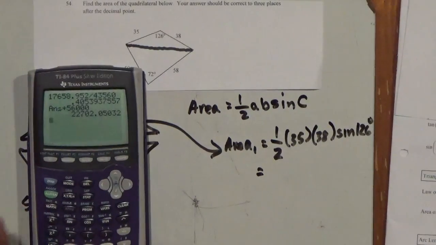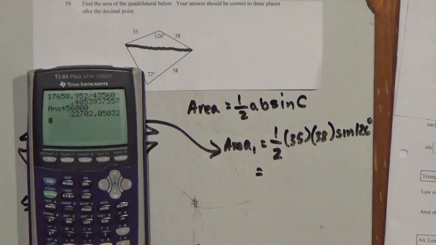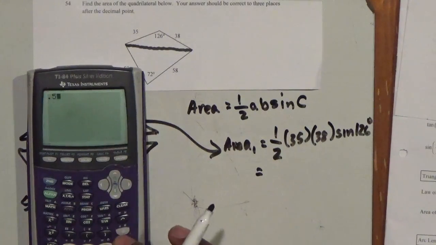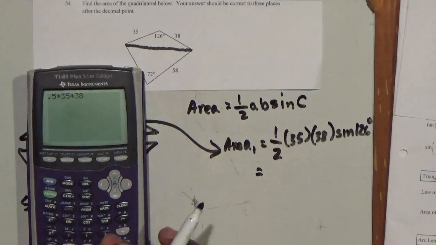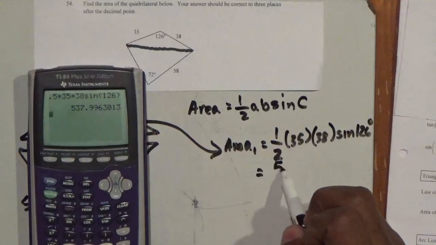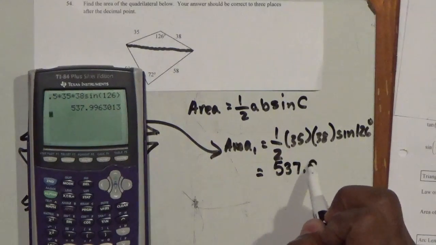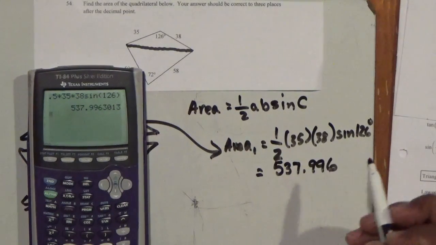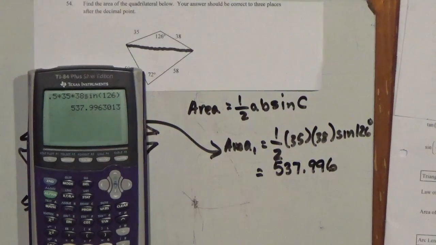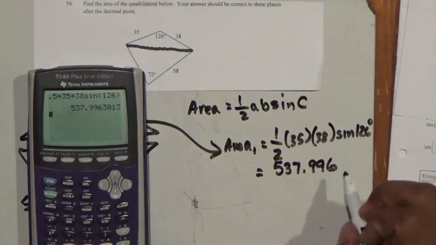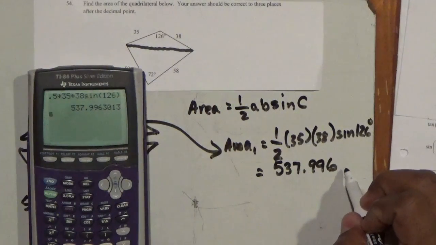We'll cover this triangle for a second. I'm going to go 0.5 times 35 times 38 sine 126. I'm in degrees, so I'm good. That's going to give me 537.996. Doesn't tell us the units, but it would be units square.